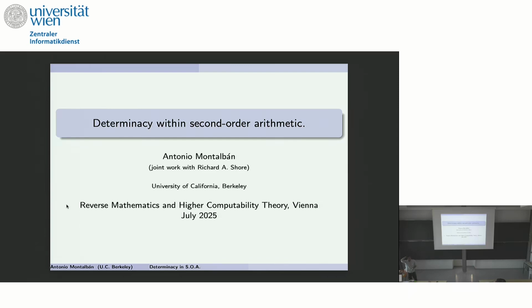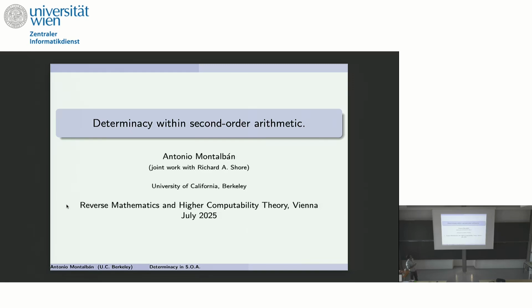I won't go much into detail because they are very technical, but at least a little bit about where alpha computability or higher ordinal computability shows up in the proof.